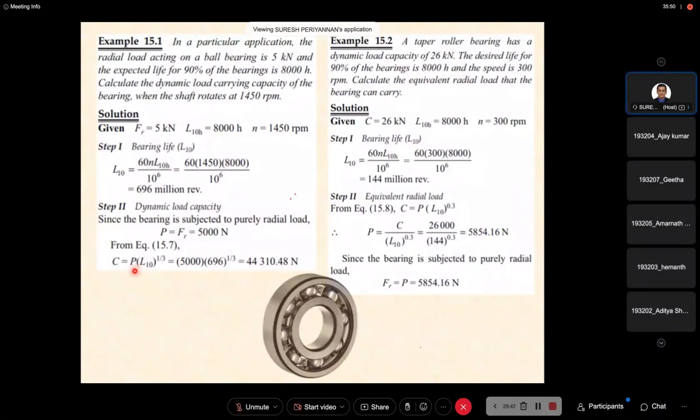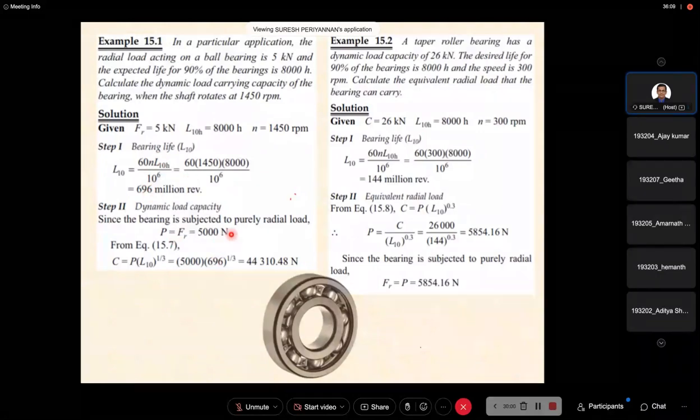The C formula we already discussed: C = P times L10 to the power 1/3. L10 is in millions of revolutions, so the working hours given here we convert into millions of revolutions using this formula. Then we know the bearing is subjected to only radial load, so our equivalent dynamic load is P = Fr = 5000 Newton.